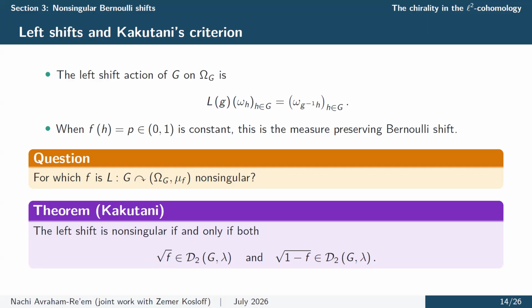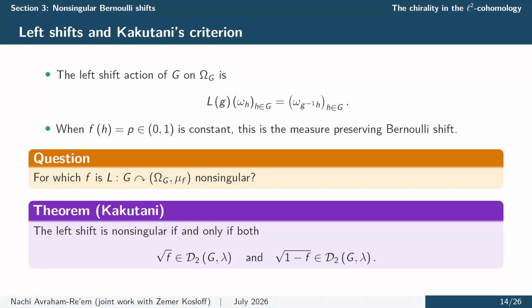So I look at the function square root of f, and I ask myself if I translate it from the left and compare it to the original square root of f, is this difference an L2 function on the group G?